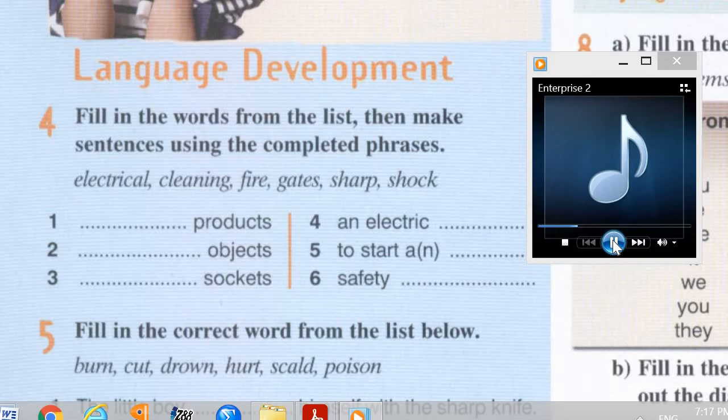Read this leaflet and make sure that similar accidents don't happen to your children. Keep all cleaning products in a safe place. Your children might drink them and poison themselves. Always put knives and other sharp objects away after use. Your children could cut themselves.